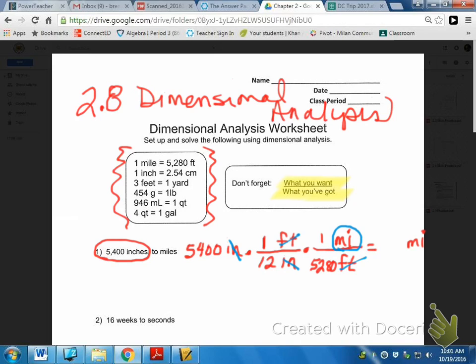Here's the thing. As you're doing these problems, you're going to use a calculator. Any number on top of a ratio, you would multiply it. Any number on the bottom of a ratio, you would divide it. So in my calculator for this problem, I would punch in 5,400 divided by 12 divided by 5,280.